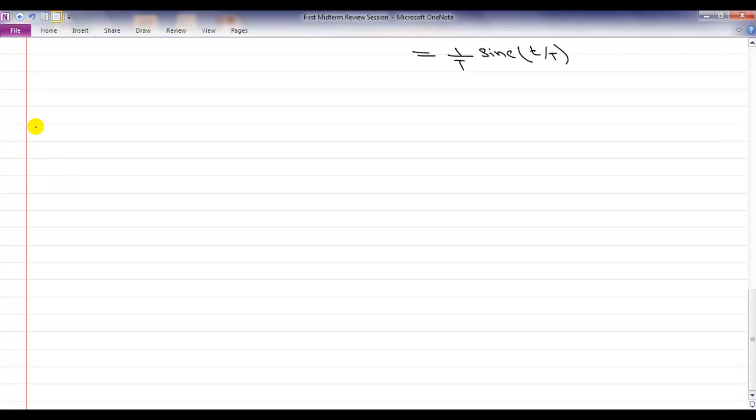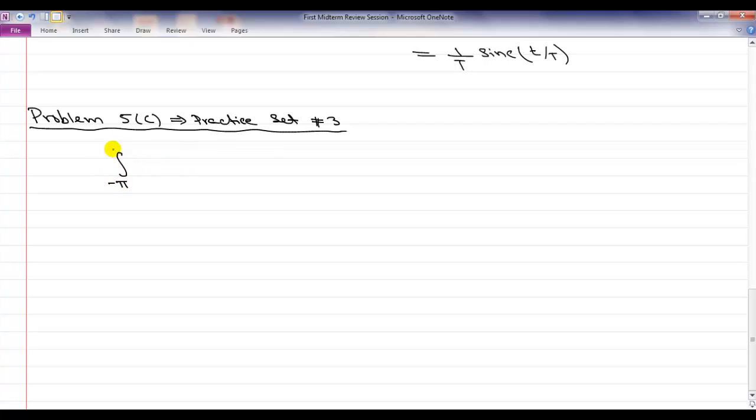Okay, so the next problem is problem 5C in practice set number 3, where you are given a time domain signal and you are asked to evaluate the integral from minus pi to pi of X of e to the j omega d omega without explicitly computing the discrete time Fourier transform.